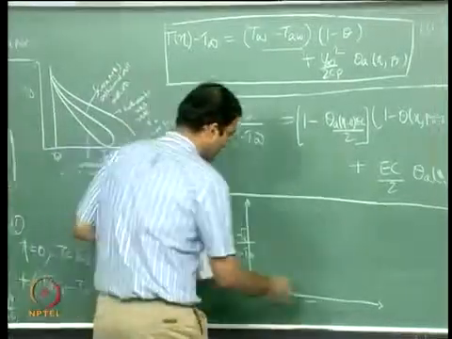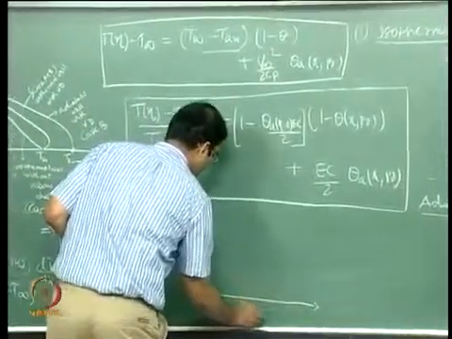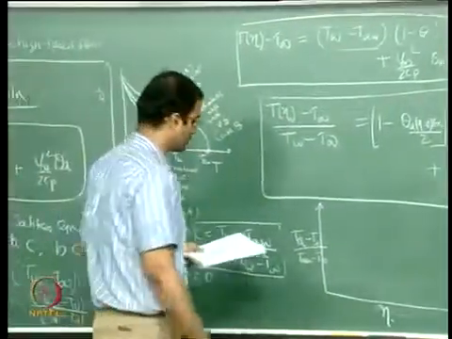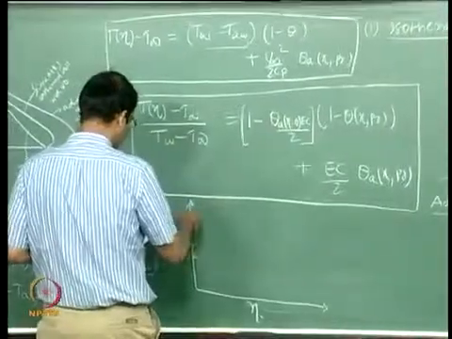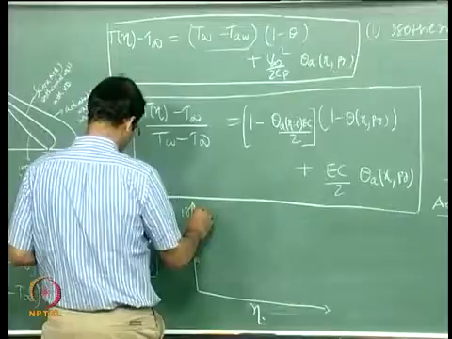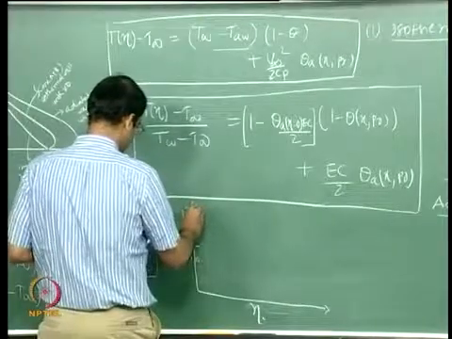Okay, so on the x axis you have eta. So for large values of eta, this becomes 0. Small values at eta equal to 0, this becomes 1. Okay, it starts from 1 and you will see the solution.